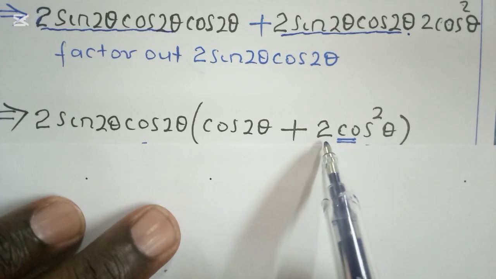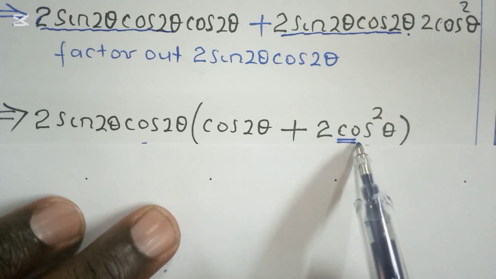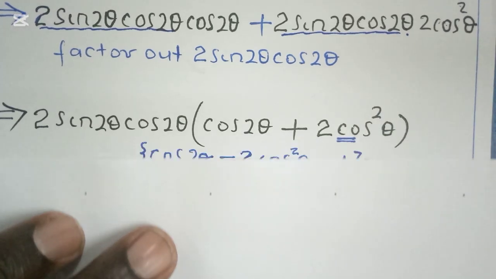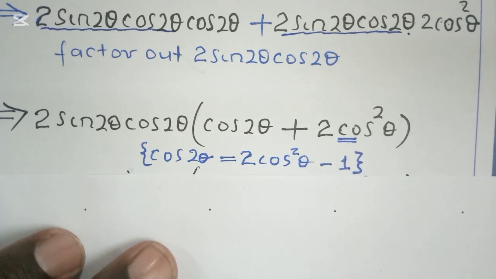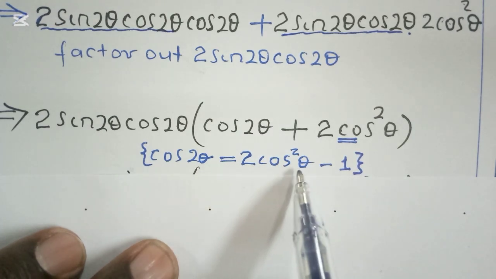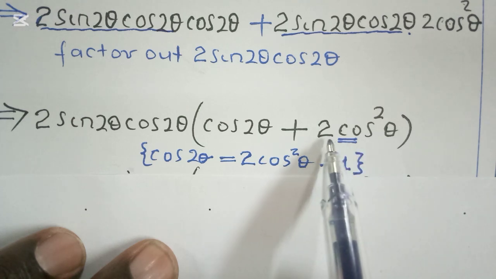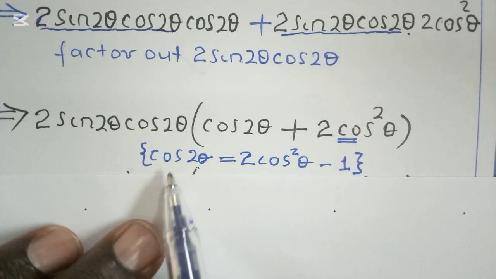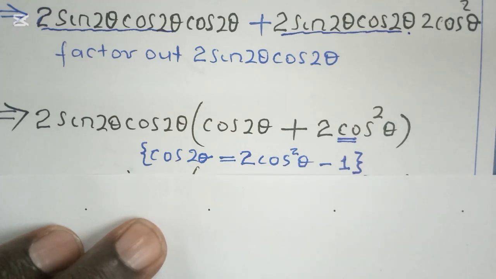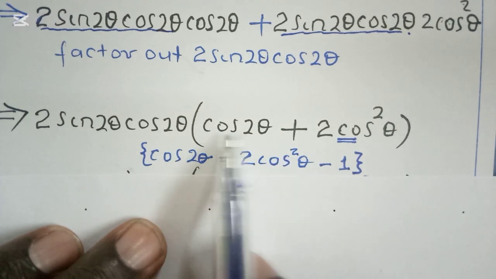Guys, again, this 2 cos 2 theta can also be replaced by this identity. Cos 2 theta is equal to 2 cos squared theta minus 1. And so therefore this one is the same as cos 2 theta plus 1. So you have 2 cos 2 theta here.